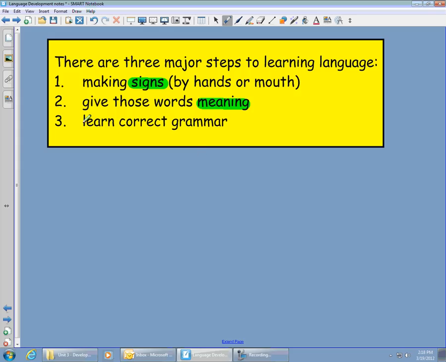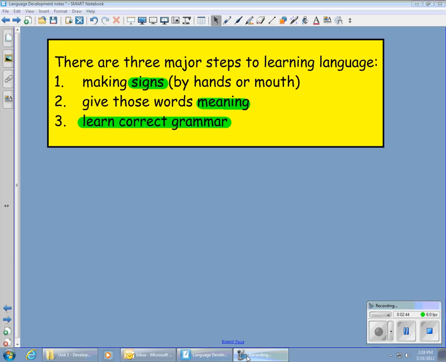The third piece is to learn correct grammar. And in the sense of language development, we're not talking about grammar in the sense of semicolons or when to indent and things like that. We are talking in terms of how we arrange words, the order that we put them in.